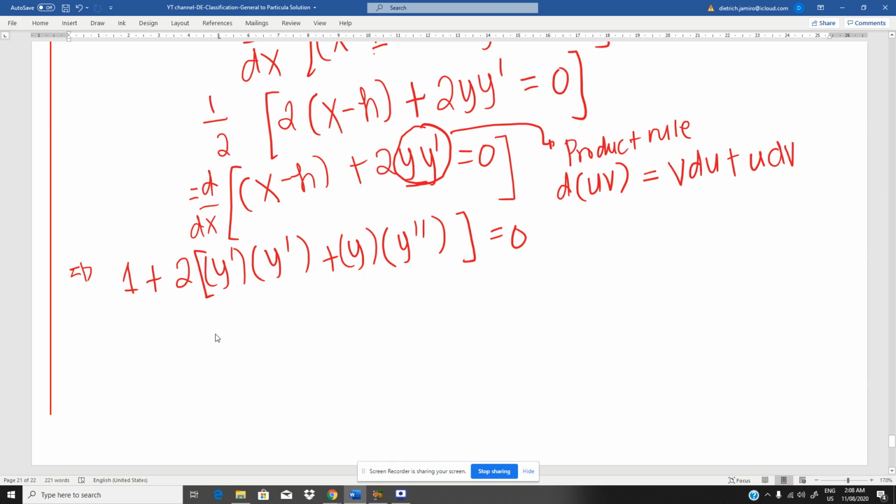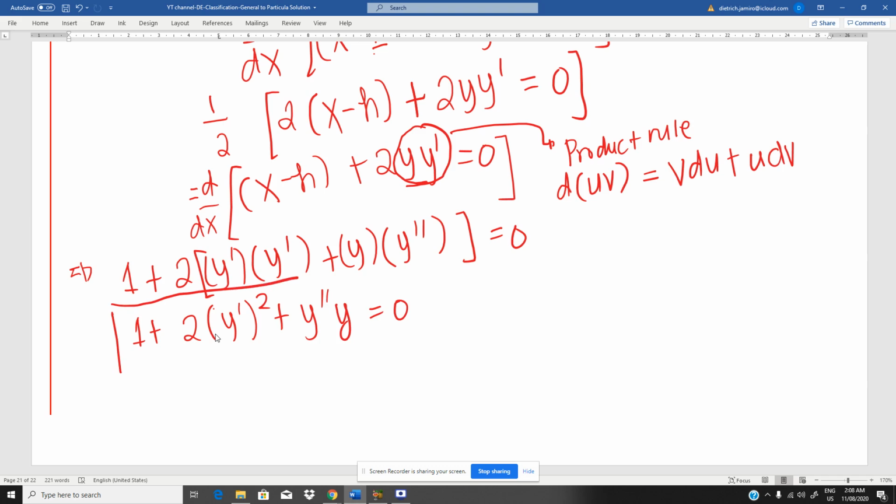Further simplifying our equation, we will have 1 plus y prime squared plus y double prime multiplied by y is equal to 0. And that's our answer.